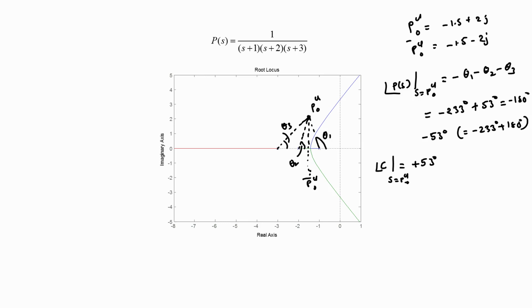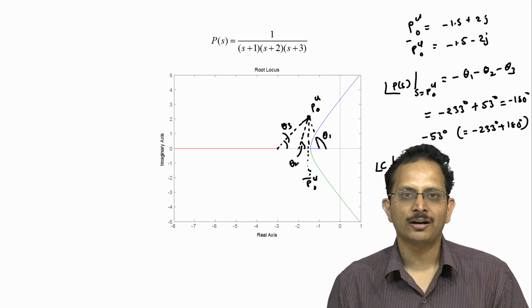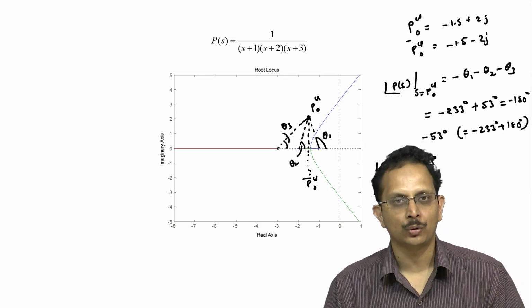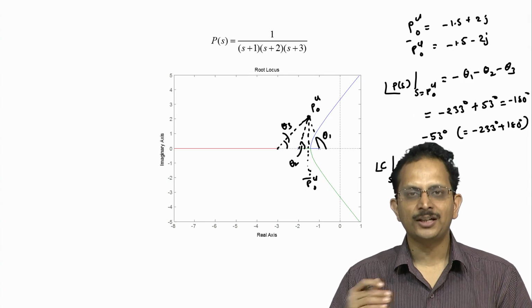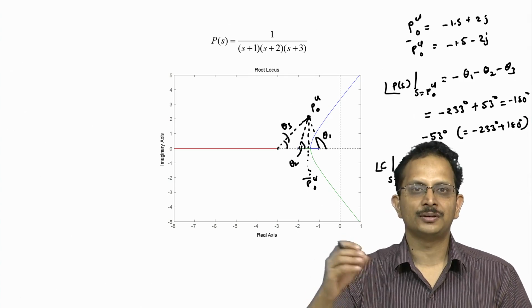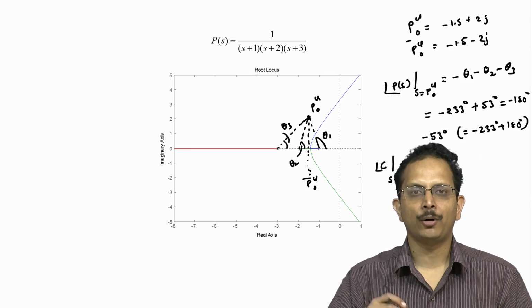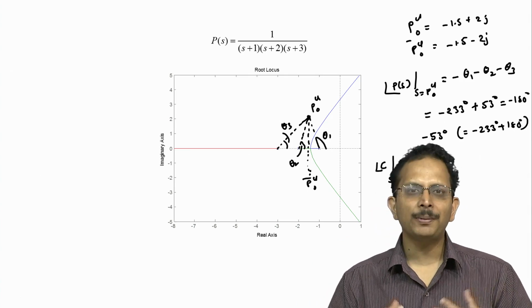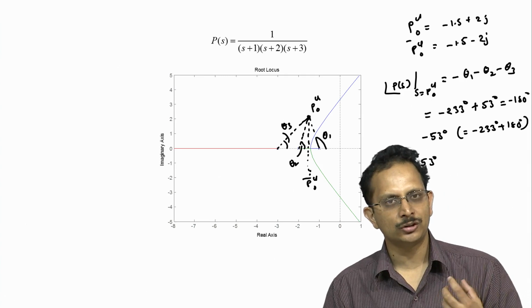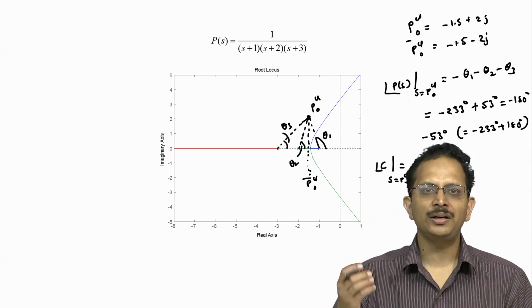Once again, as we did in the case of Bode plots, we use simplicity as our guide for picking a suitable controller structure. We notice that we have to get a positive angle of 53 degrees to be subtended at the point PCL naught. So, the simplest controller structure that allows us to do that is a simple zero.